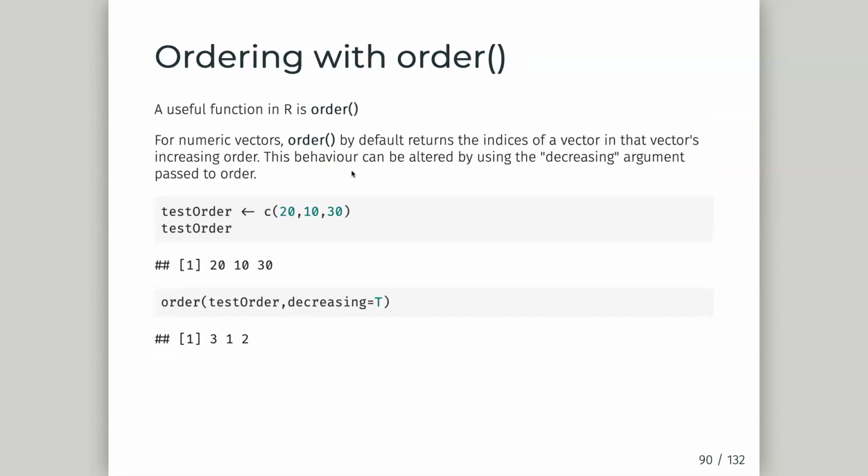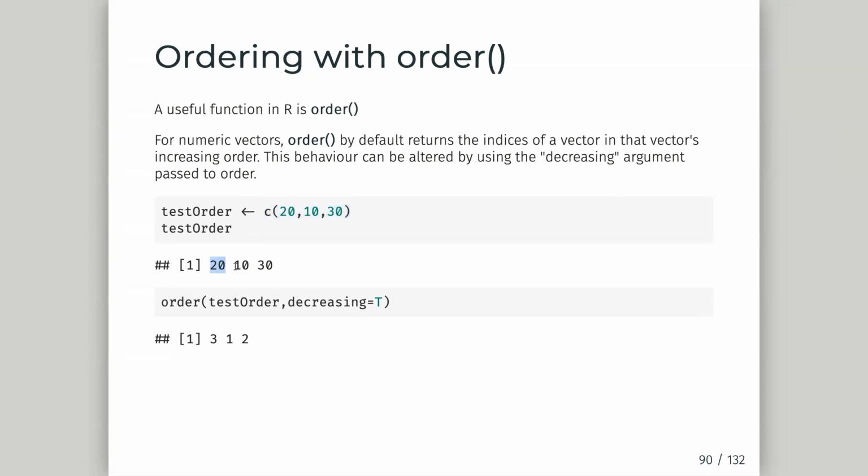A useful function, and especially now that we're going to start to look at tables and stuff, is order. For numeric vectors, order by default returns the indices of a vector in that vector's increasing order. So let's actually see that. If I go test order here, 20, 10, 30.